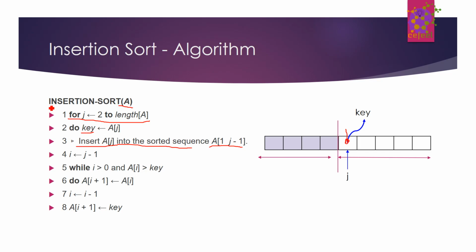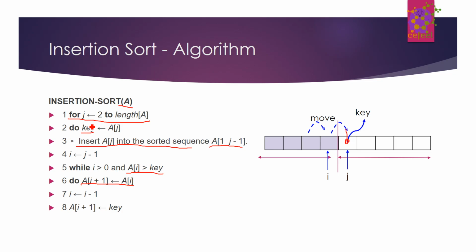In step 4 we assign i equal to j minus 1, which means we start from the last item of the sorted array. The loop continues while i is greater than 0, which means till we cover all the sorted items, and while A[i] is greater than key. If my sorted item is greater than the key, I keep moving the item, which means A[i+1] becomes A[i], and I make space for my key.